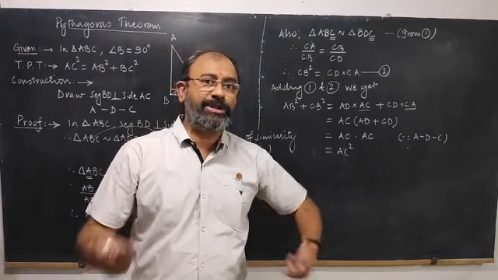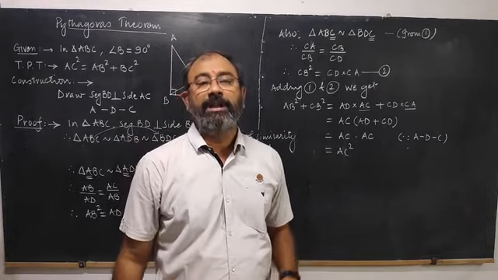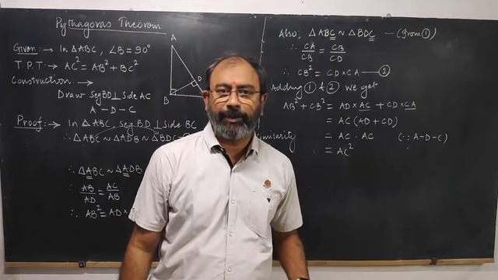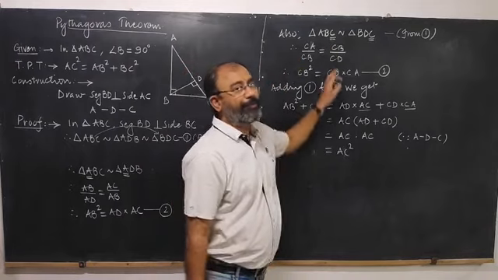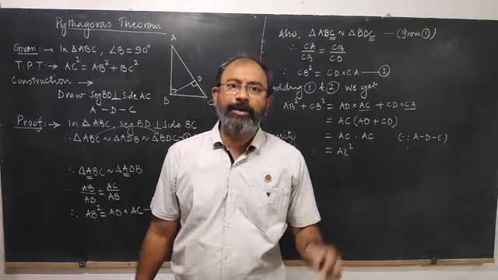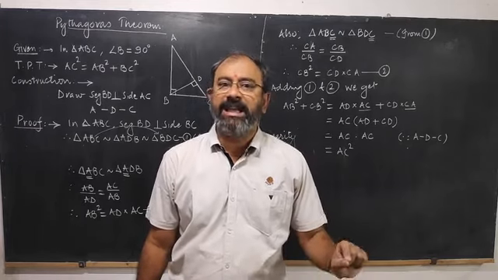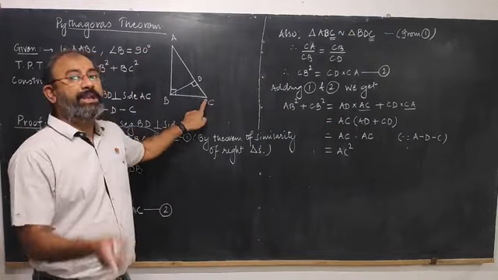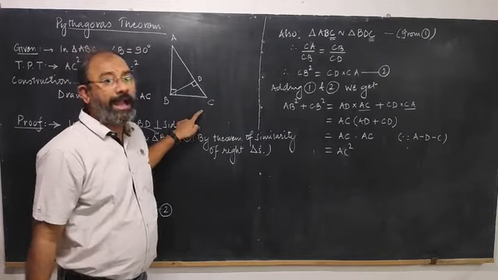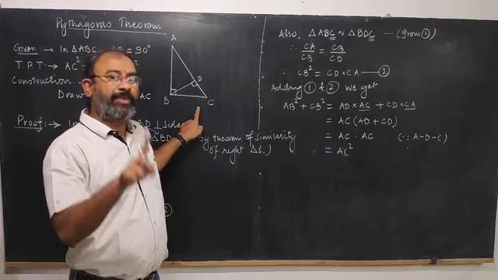So 3 ratios are equal, but again I am going to write 2 ratios only. Which 2 ratios? Again the 2 ratios will have 4 segments. I will write only those segments having vertex C. C is the second endpoint of the hypotenuse. So I will write all 4 segments having vertex C.